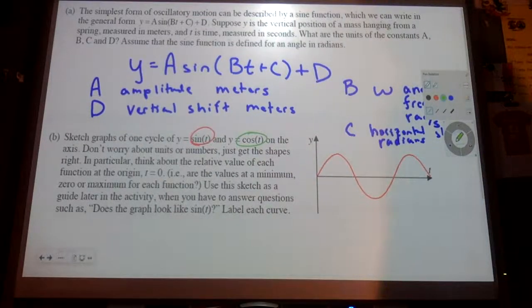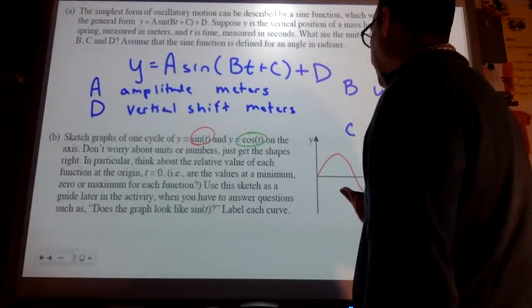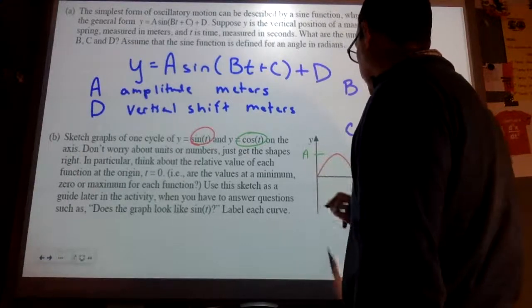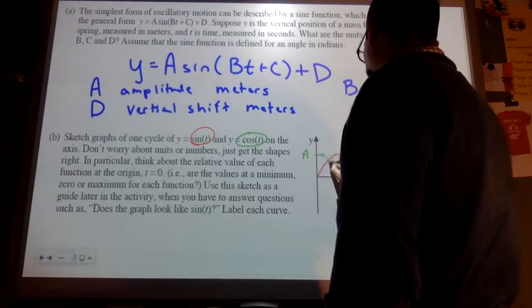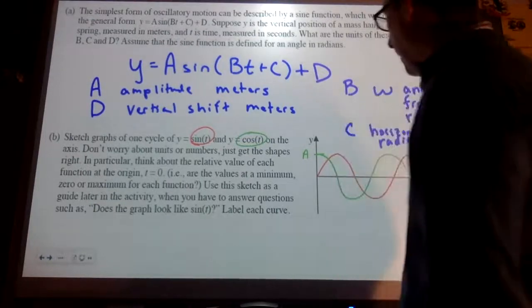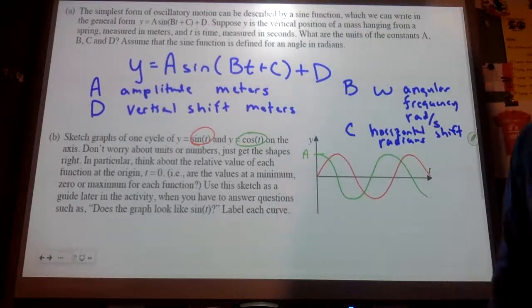I know that cosine of 0 is 1. Or in this case, it would be A, right? Because it's going to be our displacement. And we know that the shift between these is pi over 2.